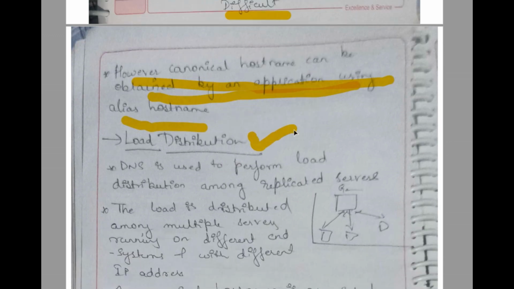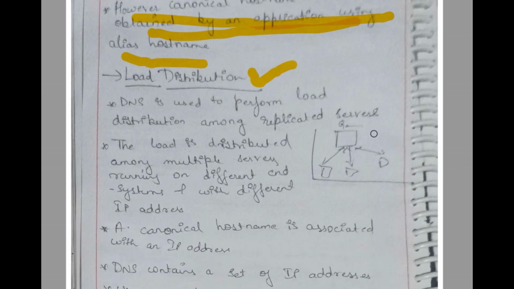So, load distribution. See, this is one server. Suppose this server is used to store IPL data. If this server is about to get full, then to store more data in the future, it distributes the load to a replicated server, or a server that only stores IPL data.